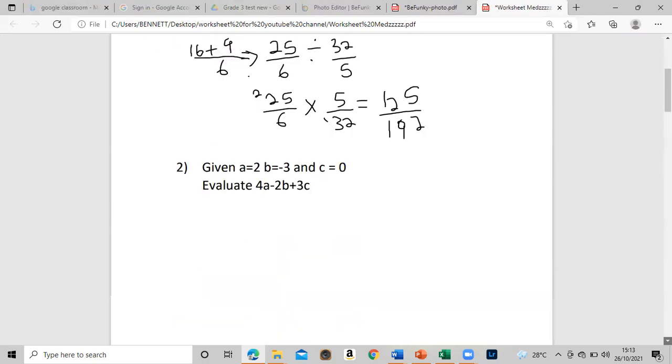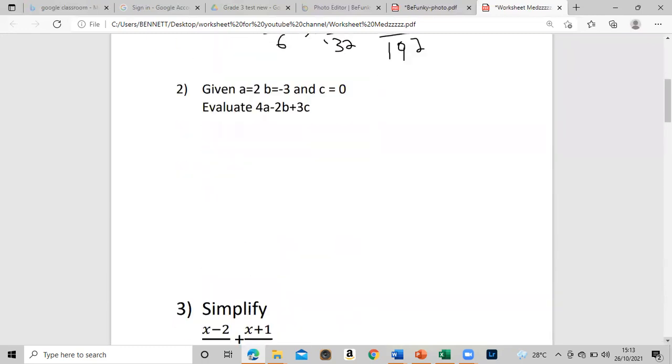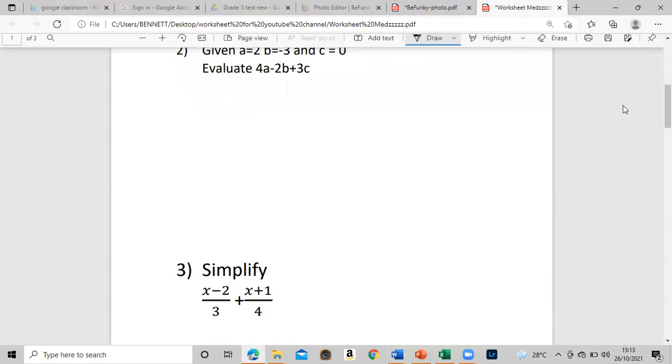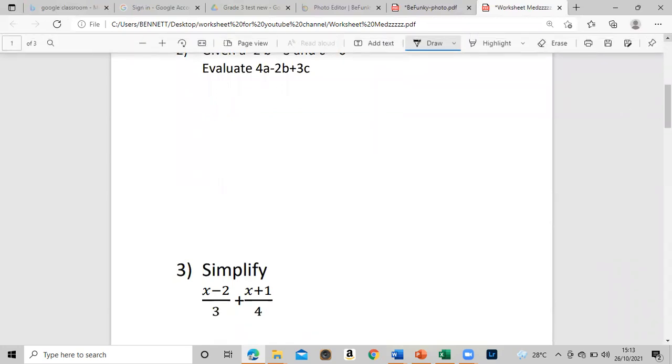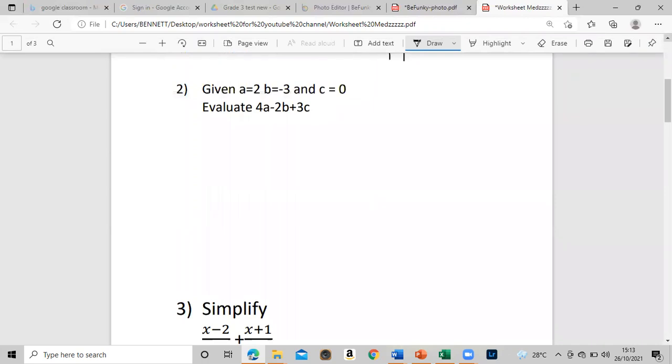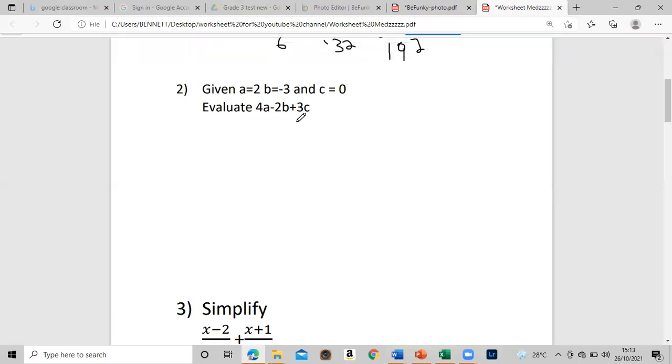Alright, number 2 says, given a is equal to 2, b is equal to -3, and c is equal to 0, evaluate 4a minus 2b plus 3c. So we're substituting the values. It's 4 bracket, what's the value of a? The value of a is 2, so we substitute 2 in there.